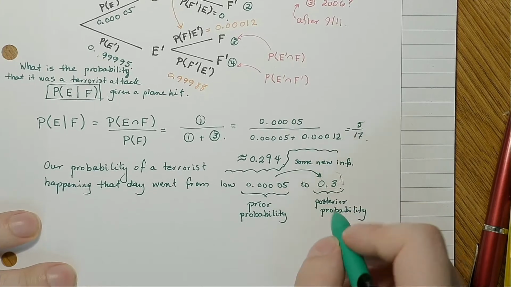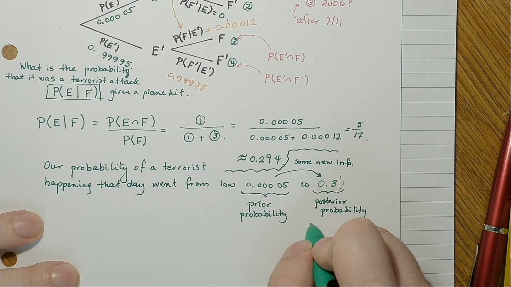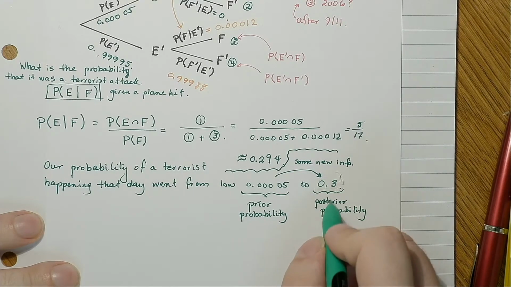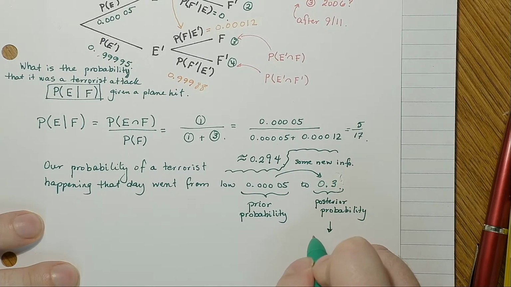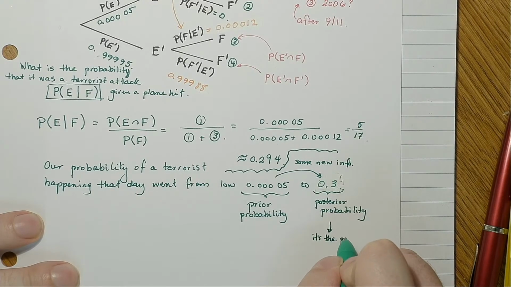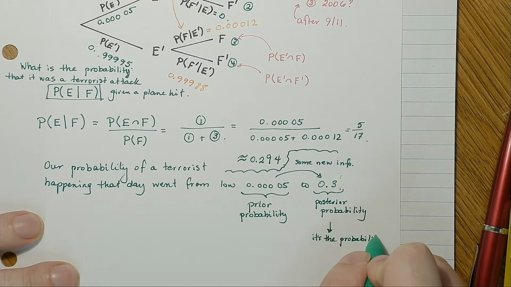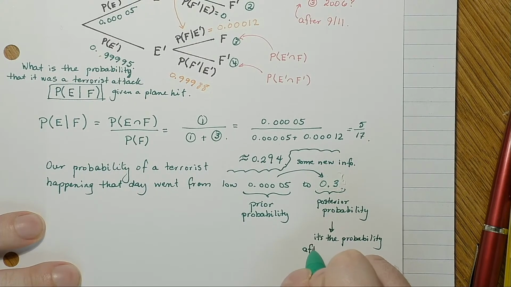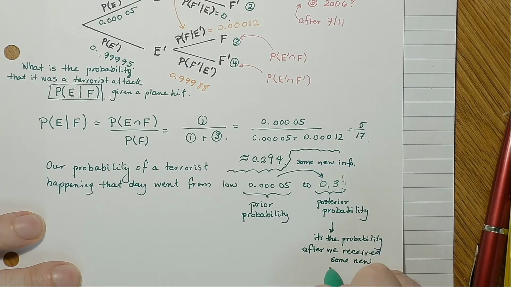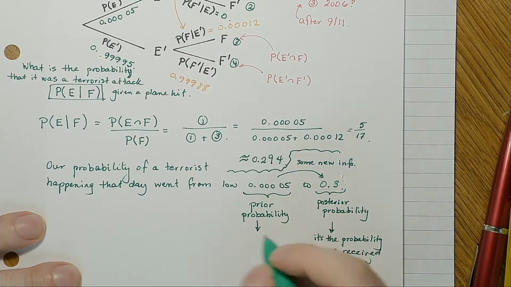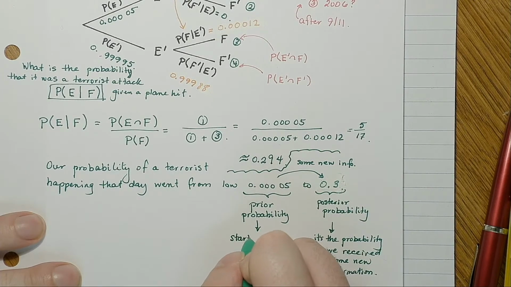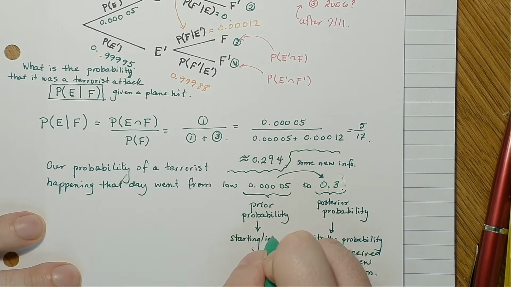So again, over here, this is what we would call our starting or initial probability.